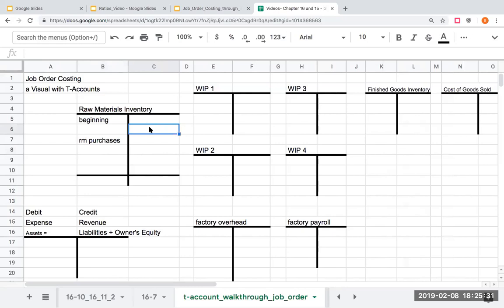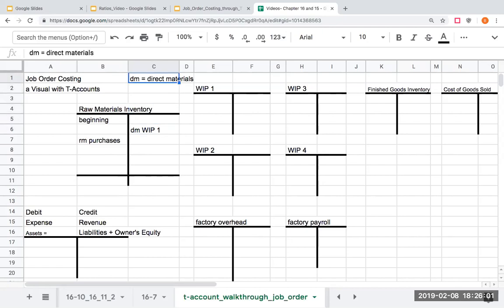It's going to be the materials that I'm directly placing into production, and indirect materials that I'm then putting into factory overhead. So here are my direct materials. Let's call this DM. So we'll call this DM job WIP 1.